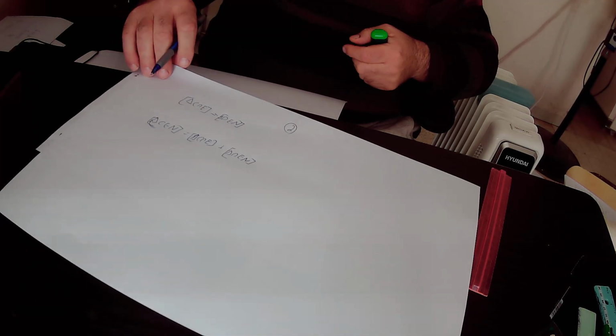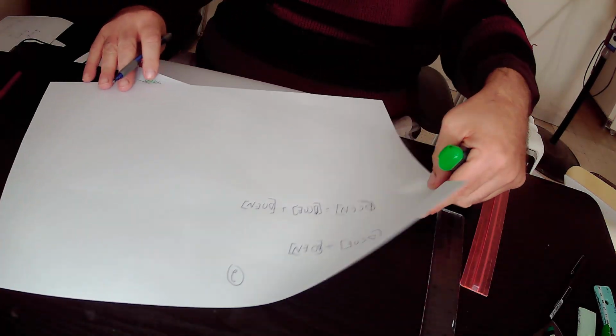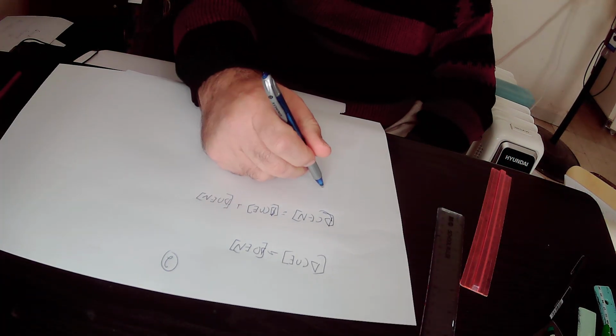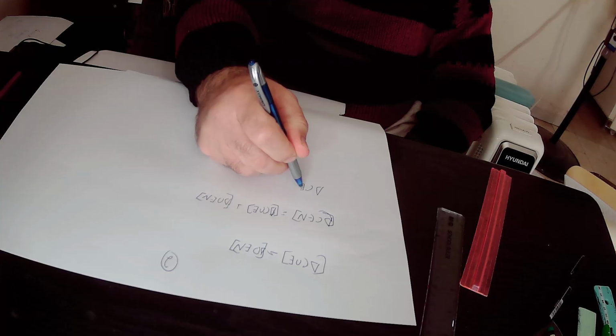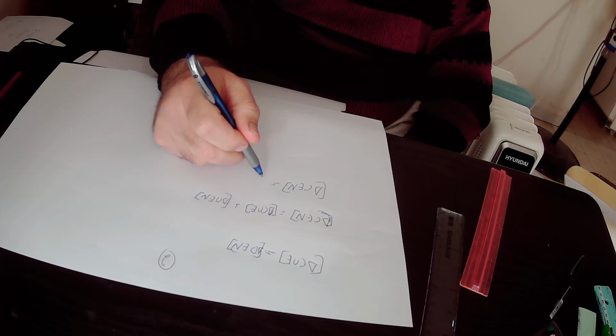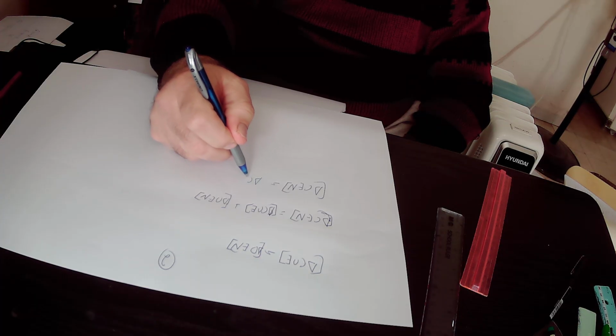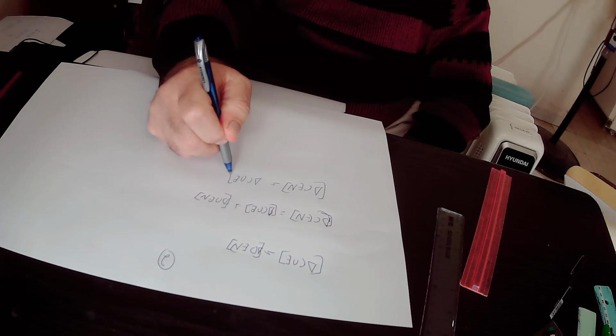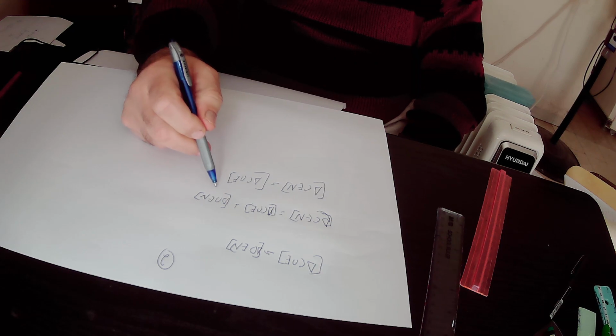So the area of the big triangle CEN is equal to the area of the green triangle COE plus the area of the lower triangle OEN.